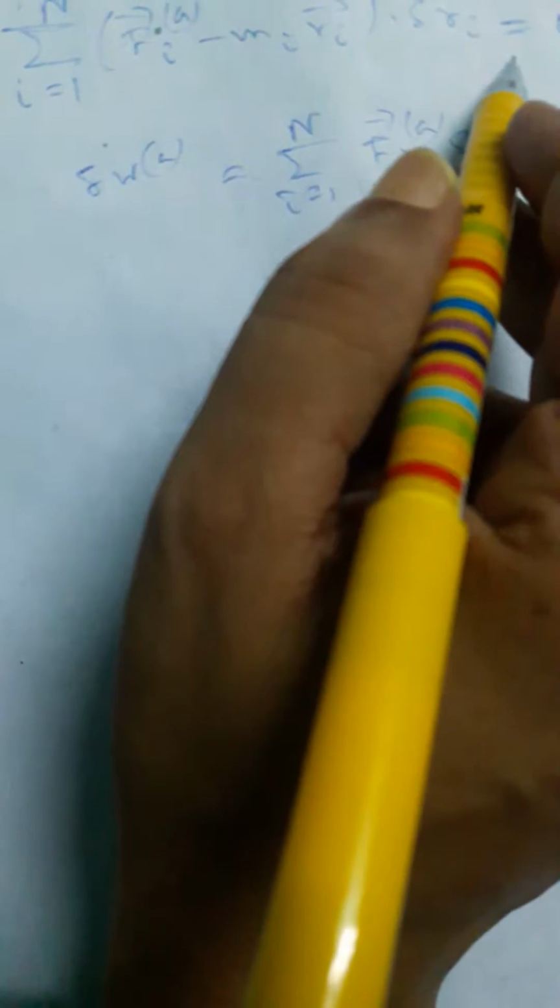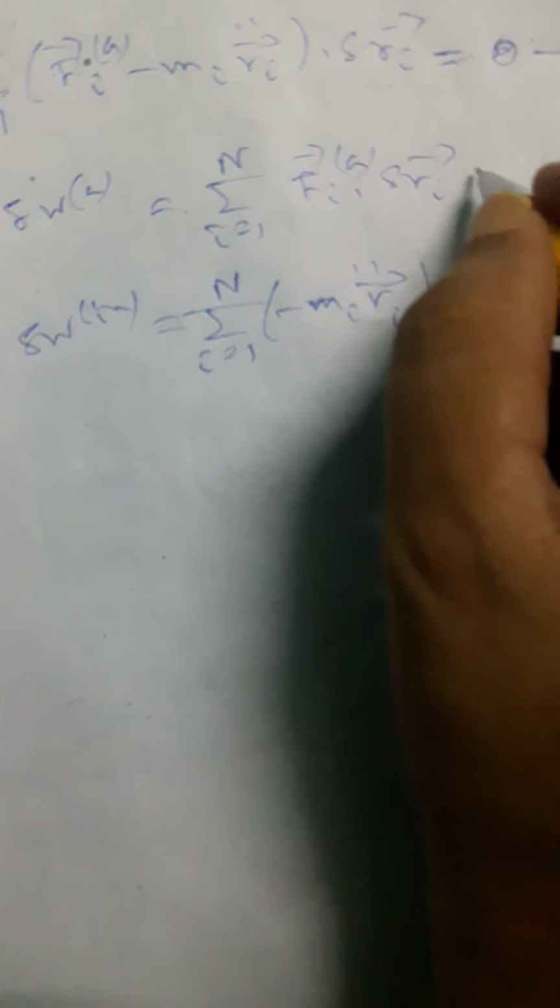And the work done by the inertial forces, del W inertial, will be the sum of i equals 1 to capital N of mi ri double dot del ri. We take these as equation number 1, equation number 2 and equation number 3.